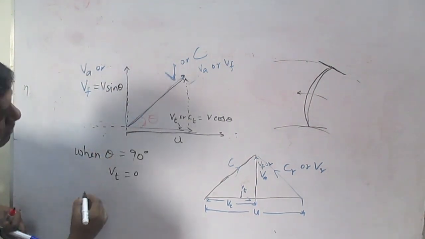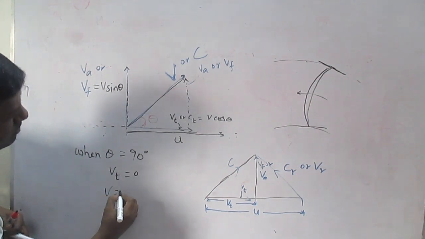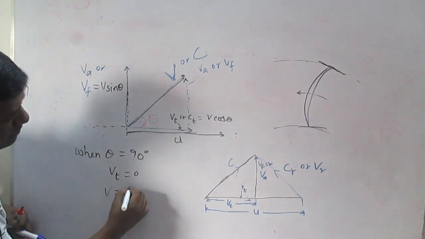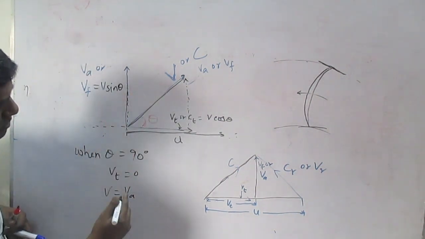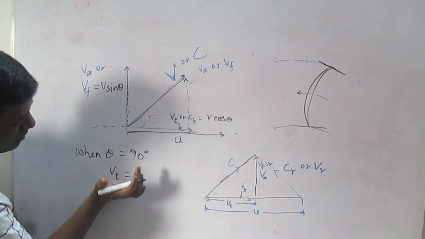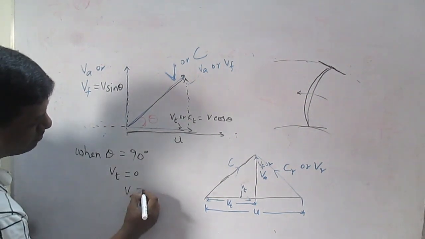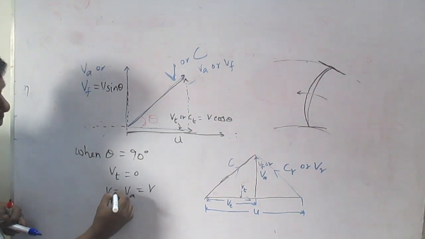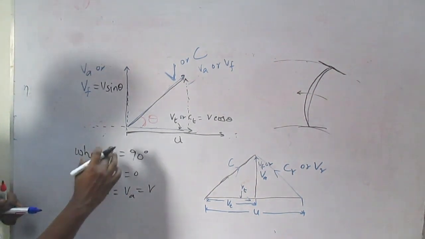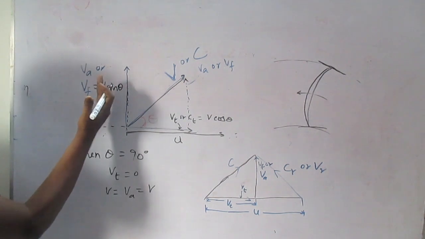That means our V equals VA. We can just say VA equals V. That's what we can say. Our VA is nothing but V. So we can say either like this or like this, both ways. So it is very important.